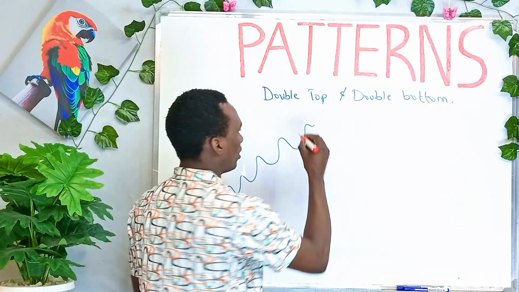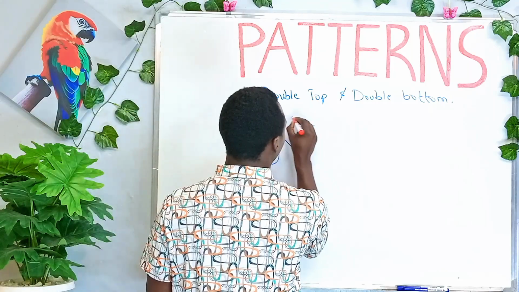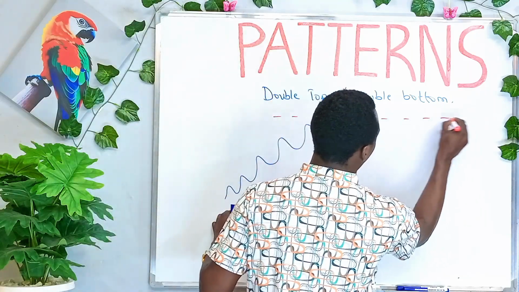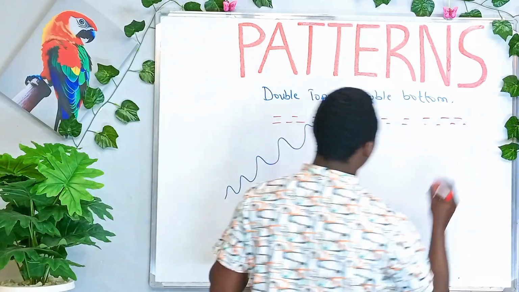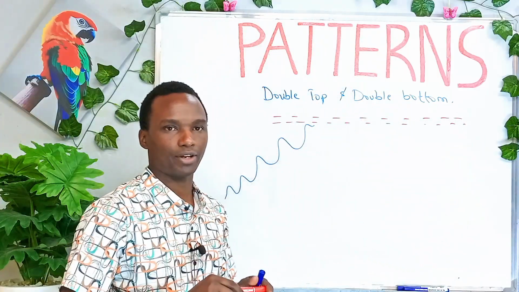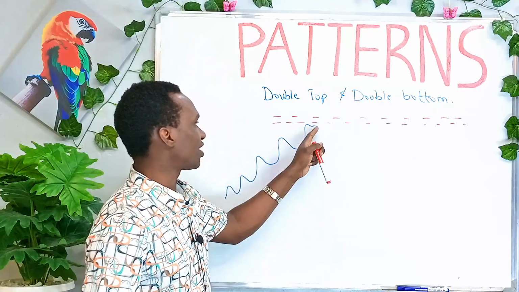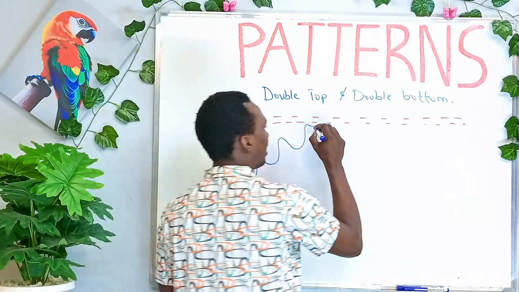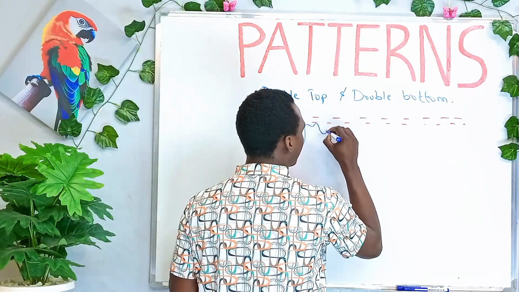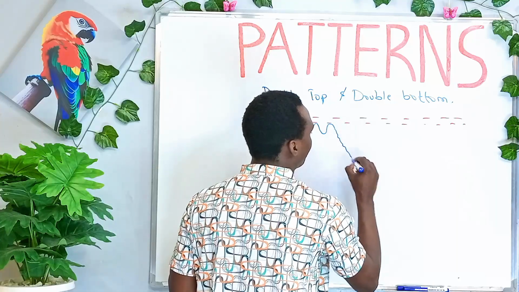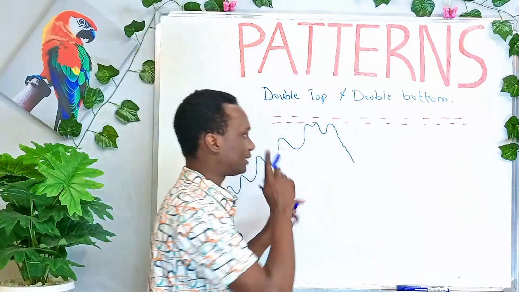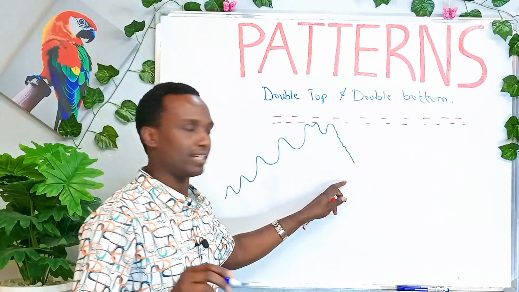Okay, so it reaches this level. This level, we'll call it a resistance level. On reaching here, the price will bounce once and maybe twice. It will tend to take a dive, reversing its previous trend.